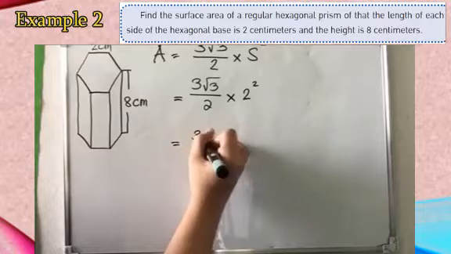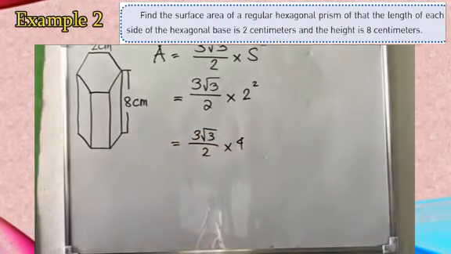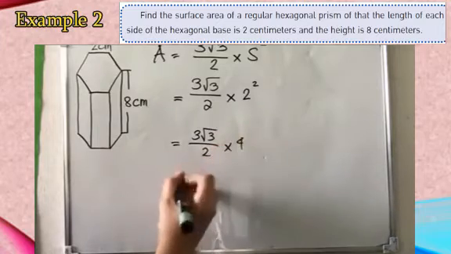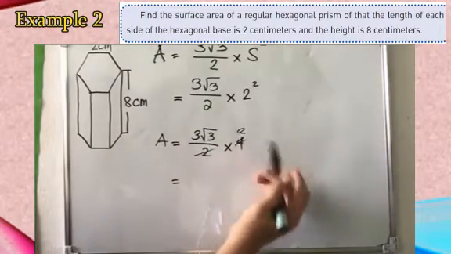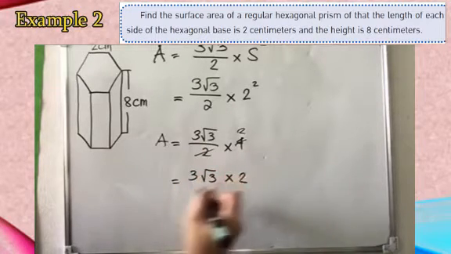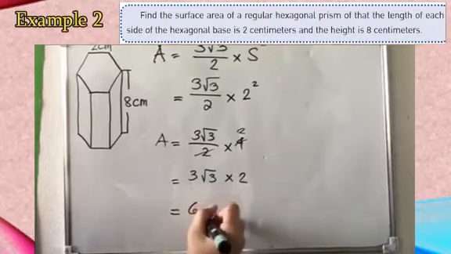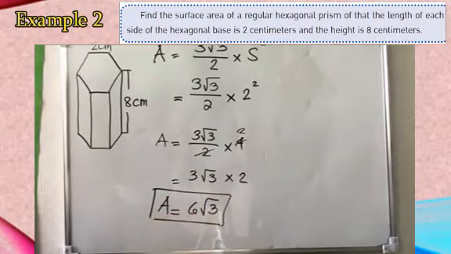So we have 3 square root of 3 over 2 times 2 squared. Let's simplify: 3 square root of 3 over 2 times 4. We can divide by 2, so 3 square root of 3 times 2 is equal to 6 square root of 3.